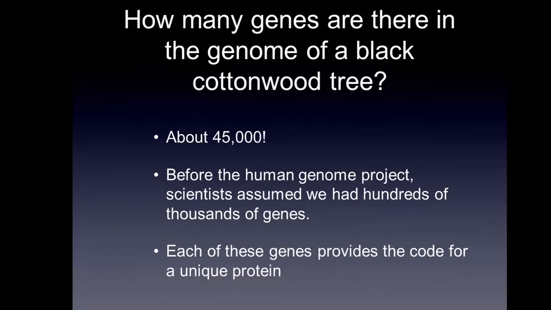So the number of genes is not necessarily indicative of the complexity of the species. Okay, there's a lot of complexity in how these genes get turned on and off and how they interact with one another. But it's not just the number of genes. And each of these genes provides the code for a unique protein.